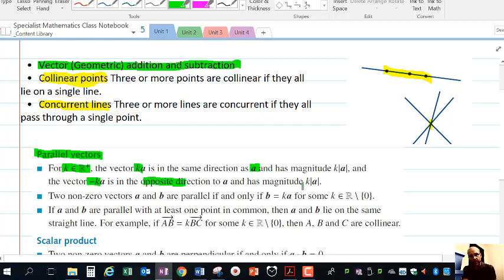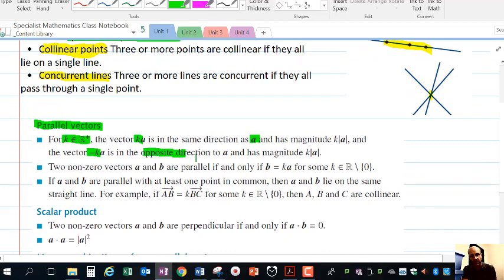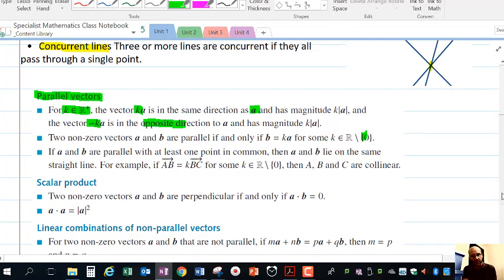Okay, so basically we've seen that before. Two non-zero vectors are parallel if and only if b equals ka, where k can't equal 0. And vectors a and b are parallel when at least one point in common lies on the same straight line. So those things are important.